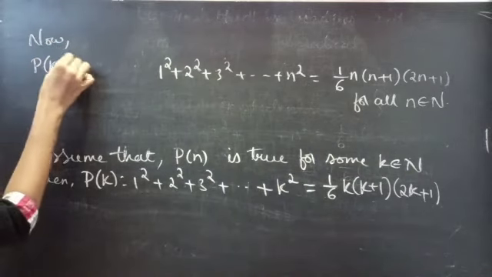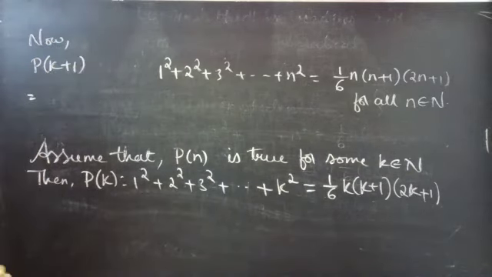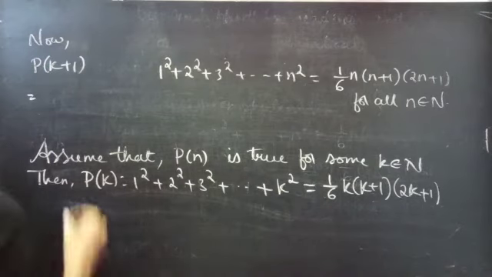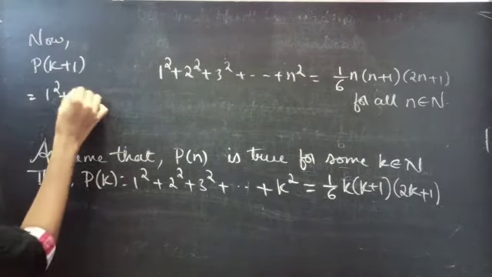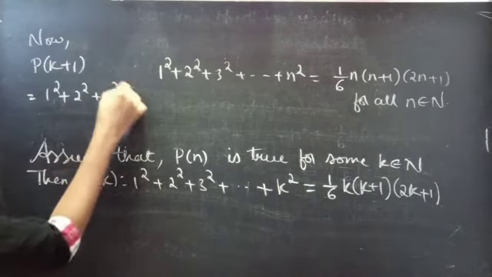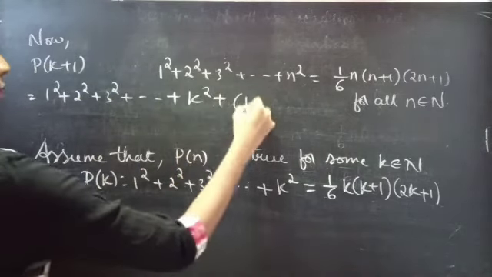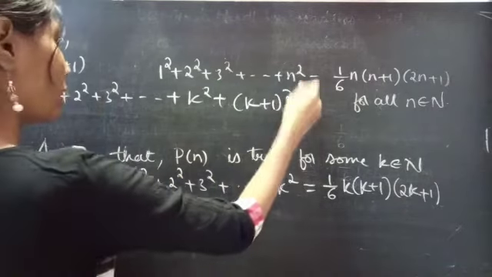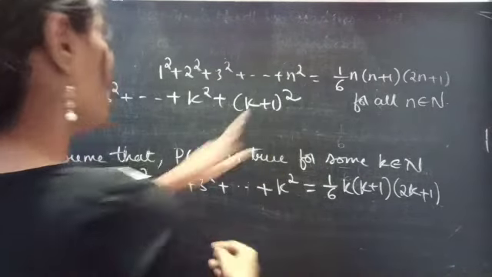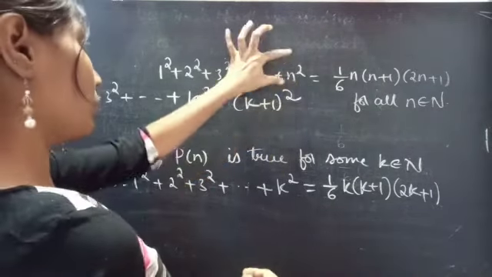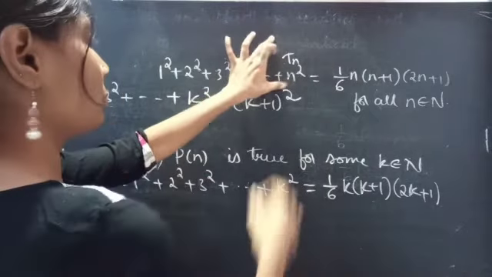Now, P of k plus 1 equals the sum of k plus 1 terms: first term, second term, third term, and so on, plus the kth term, plus the k plus 1th term. Okay? This is the nth term, right?